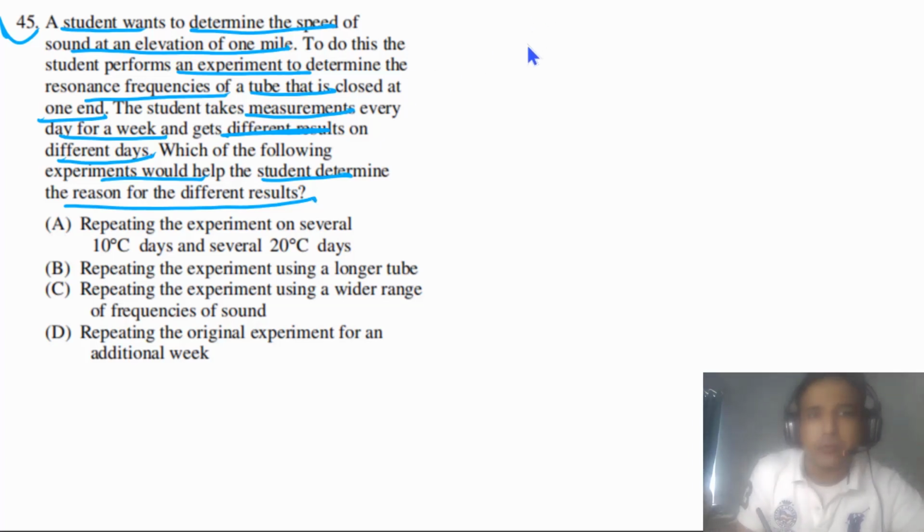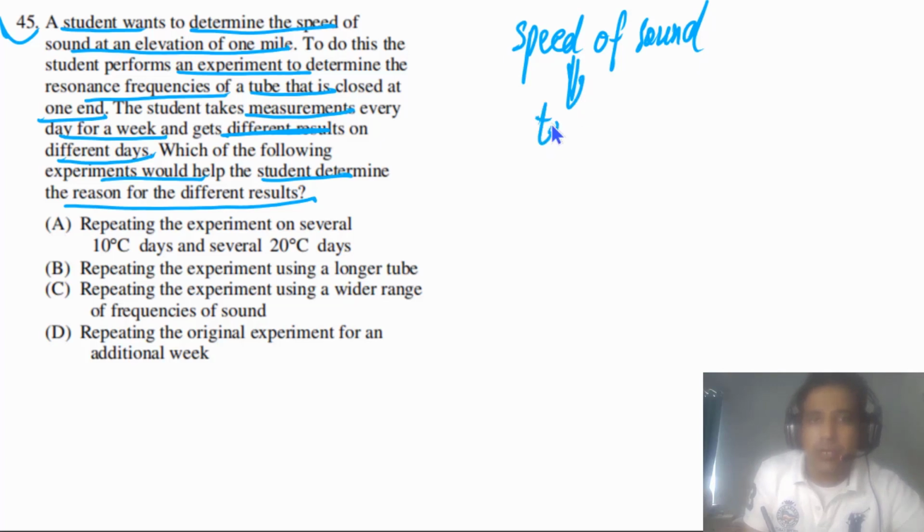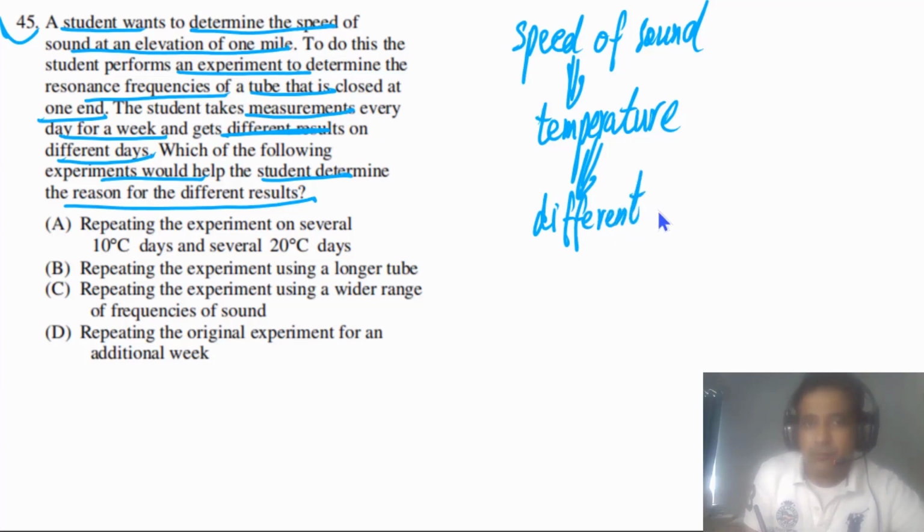For that purpose, we need to understand the speed of sound. It depends on temperature. And on different days, temperature can be different.